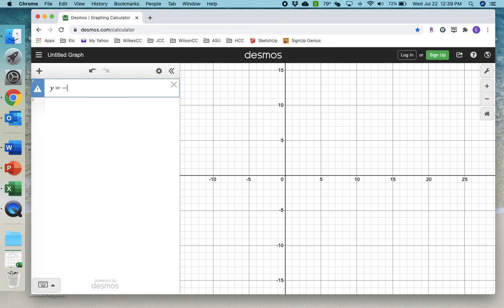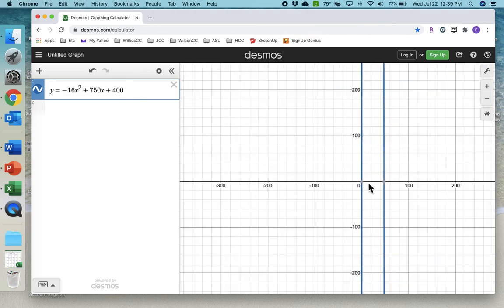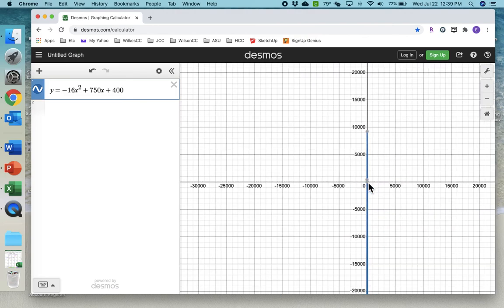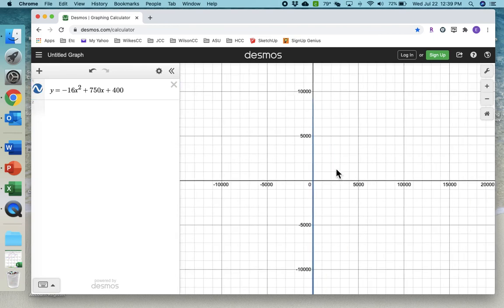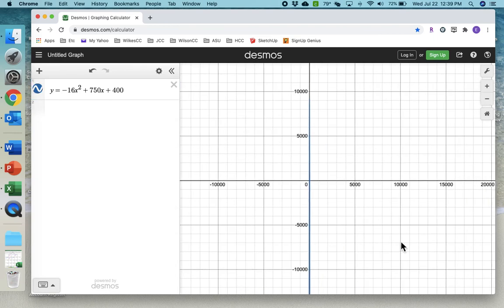So negative 16x squared plus 750x plus 400. And we can't see much on here, so we need to change our window. So I can zoom way out, and you can see it just looks like a line there.